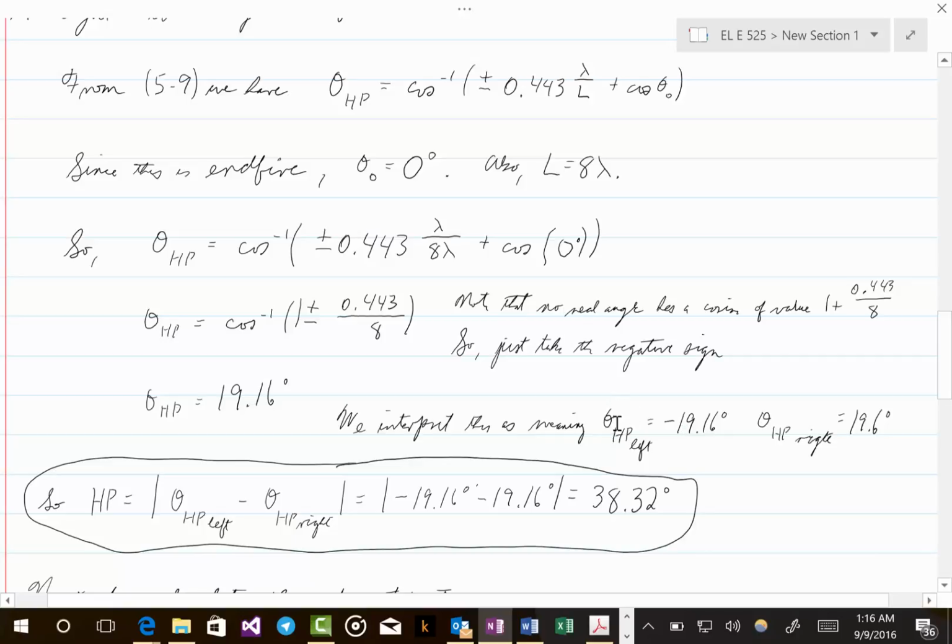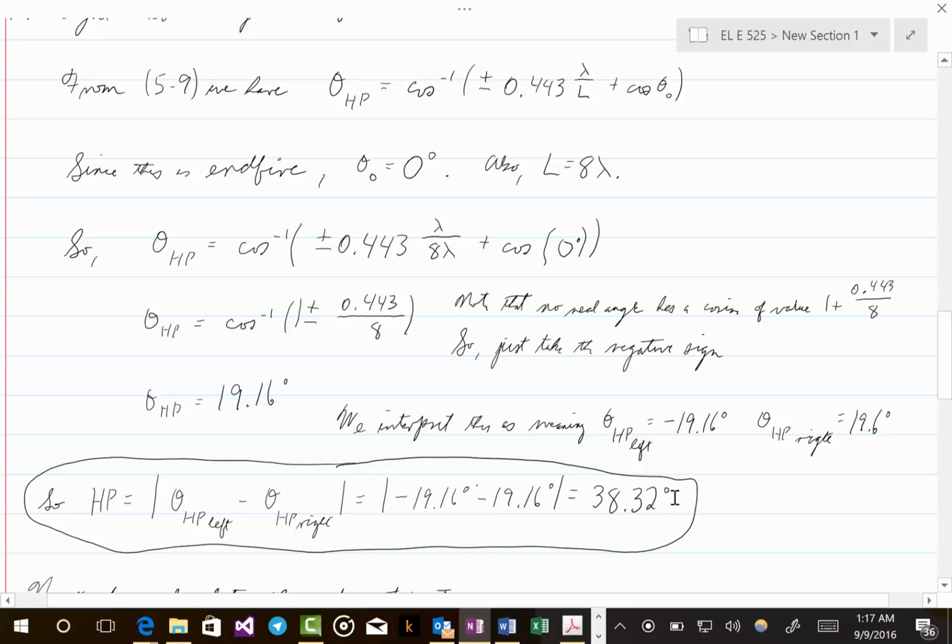Once we have these values for theta HP left and theta HP right, then we can use our usual formula for the half power beam width, which is the absolute value of theta HP left minus theta HP right, which in this case would be the absolute value of minus 19.16 degrees minus 19.16 degrees, or 38.32 degrees.